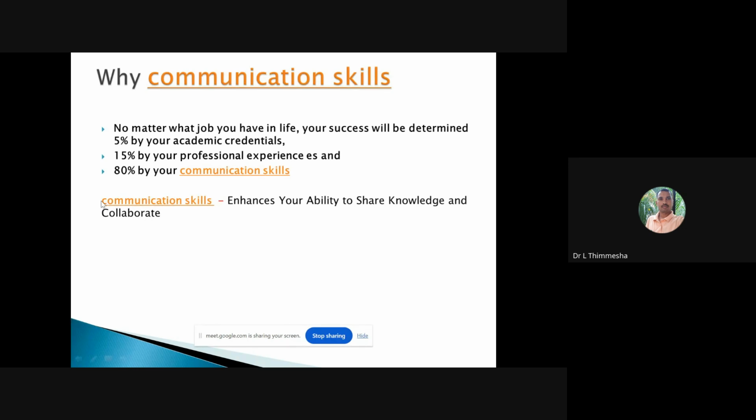Why do we need to teach technical communication to our engineering students and make them learn and inculcate the qualities of communication skills? It enhances their ability to share their knowledge, and also to work collaboratively with the company or the team, and with the technology on which they start to work.